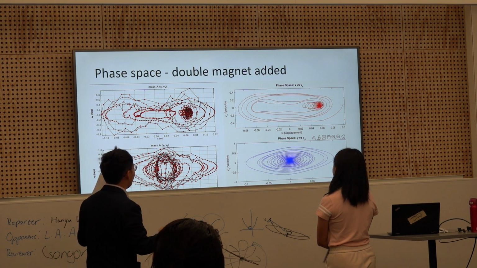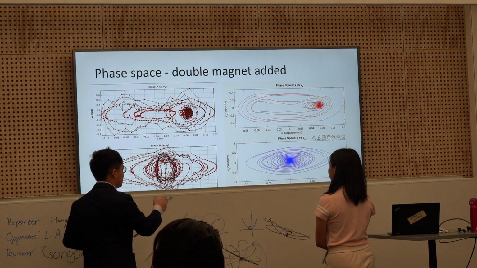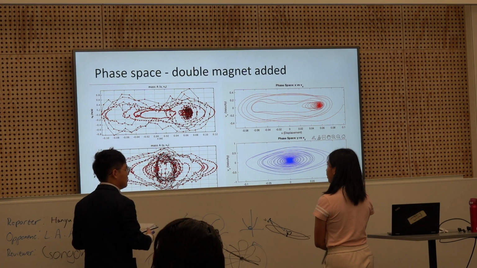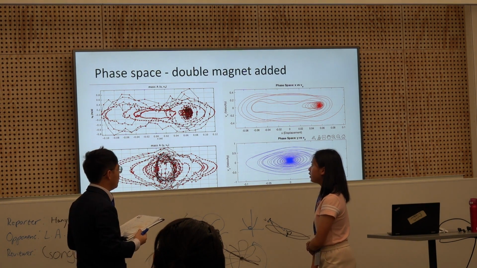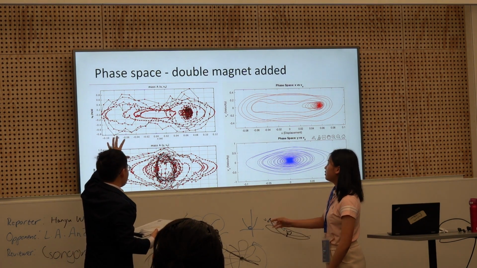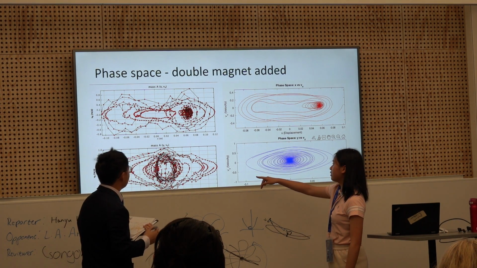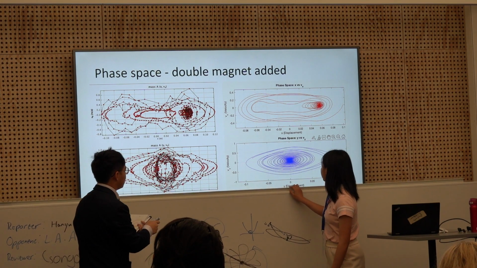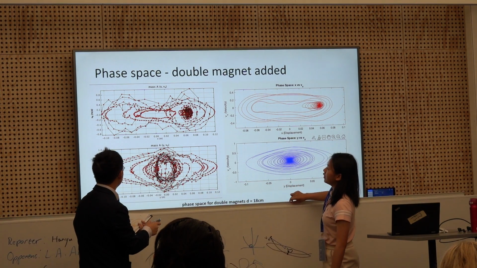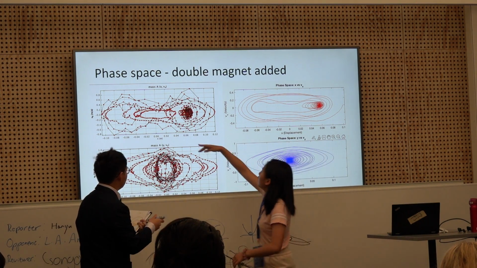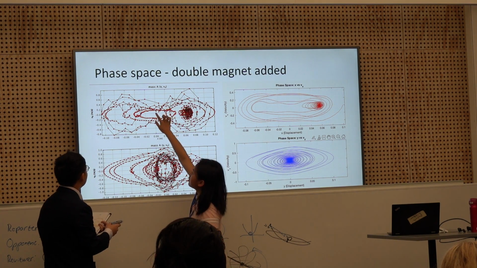So can I ask what the parameter in this setup is? Is it the distance between the magnets? You mean the changing parameters? For this experiment, the distance between the magnets is 0.09 meters. So this is the center, right?